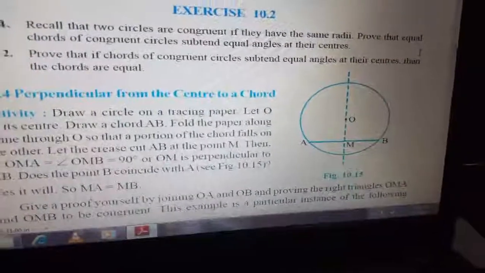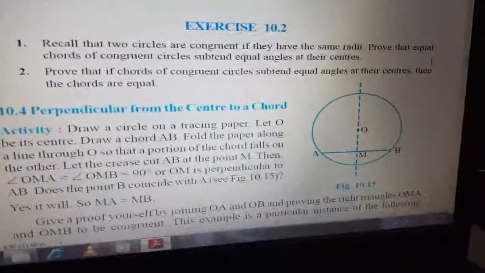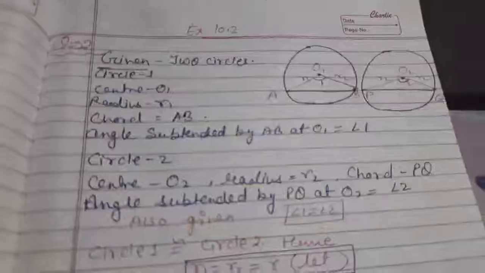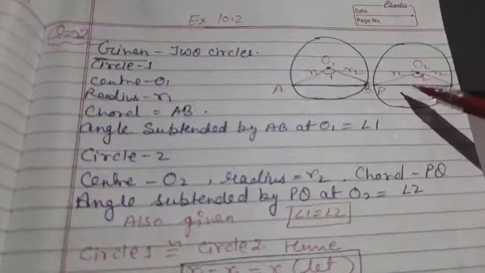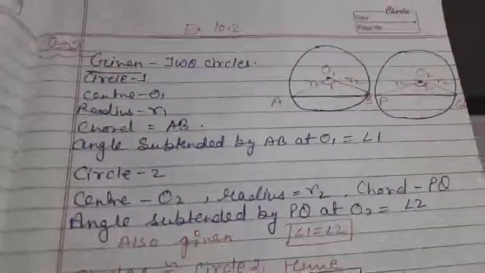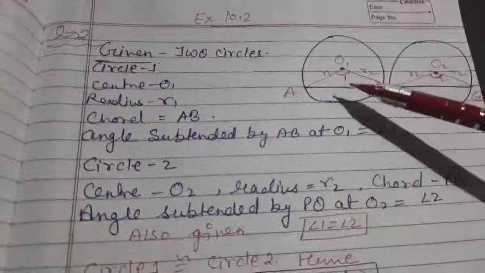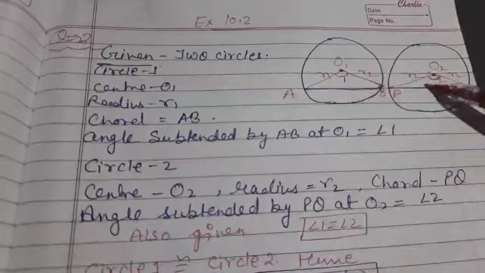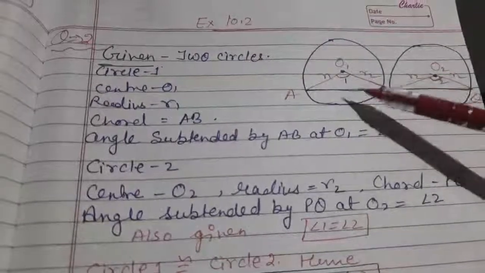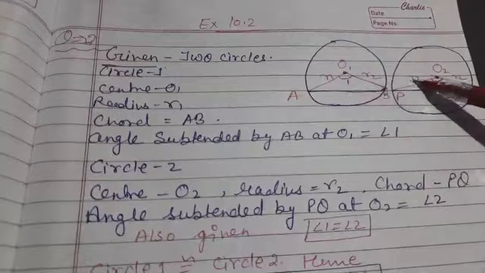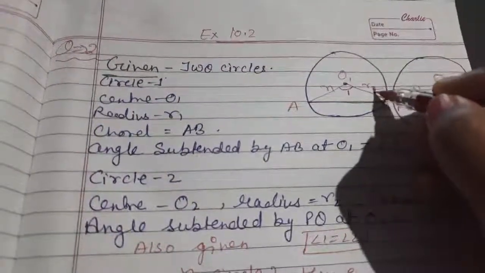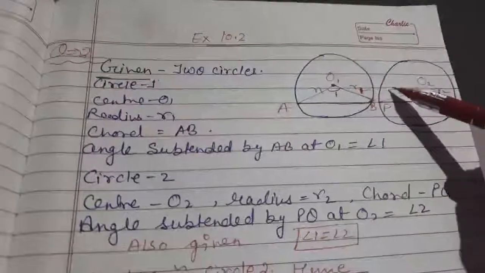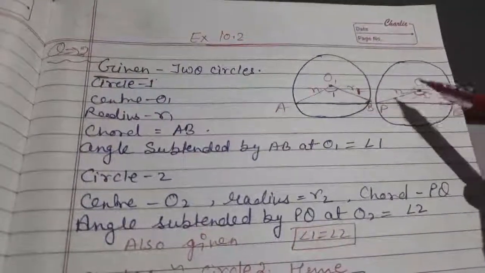Now let's discuss how we will solve this question. Again we are taking two circles, circle 1 and circle 2. It is given that circle 1 and circle 2 are congruent, that means their radii are equal, R1 is equal to R2. This is R1, and in circle 2 we are taking the radius as R2.